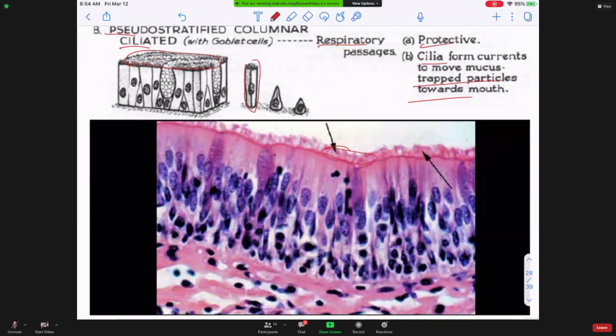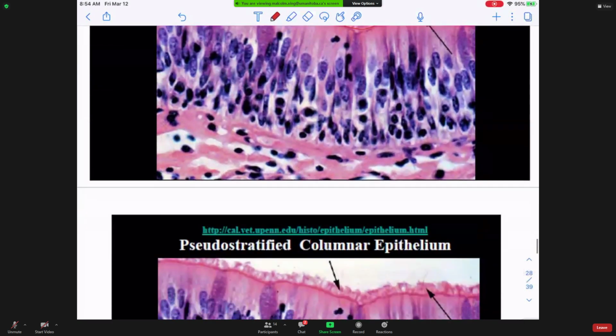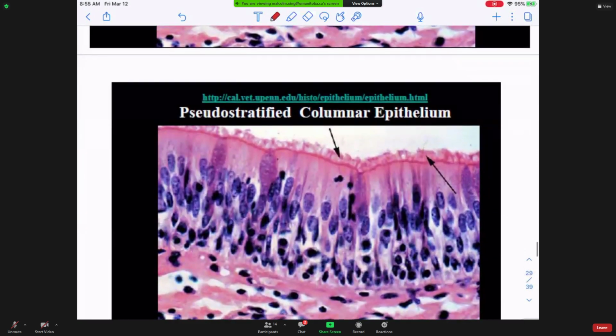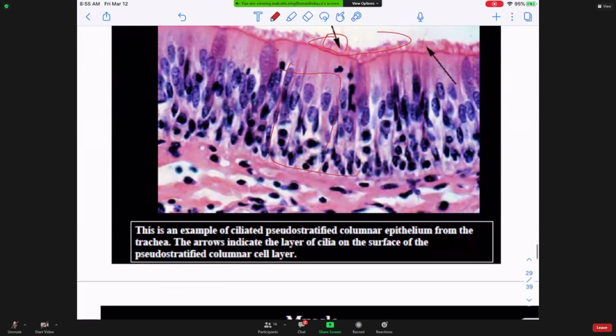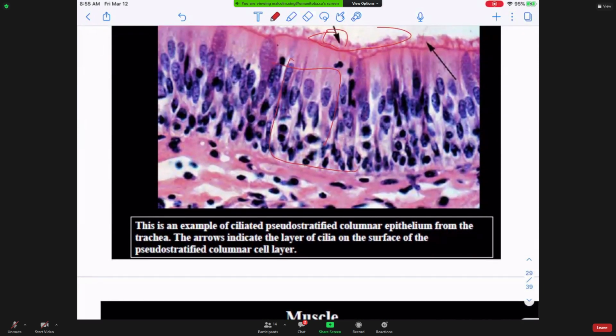This is the cilia structure. Again, that's the pseudostratified type, and we have the cilia. So this example is a ciliated pseudostratified columnar epithelium from the trachea.